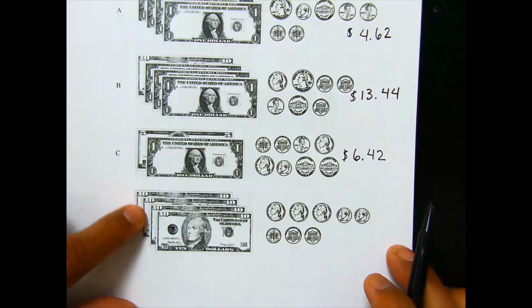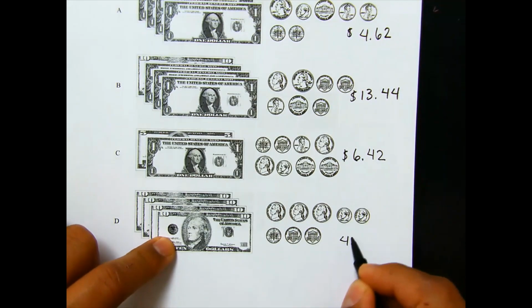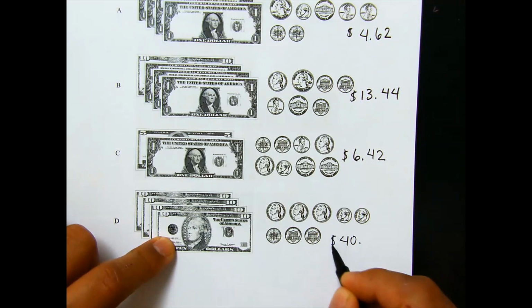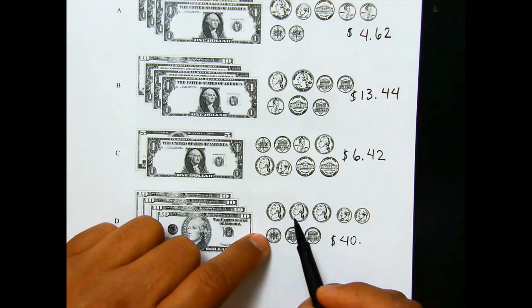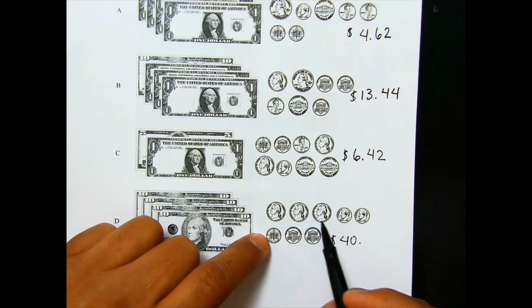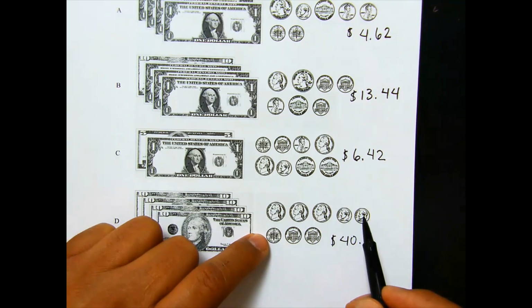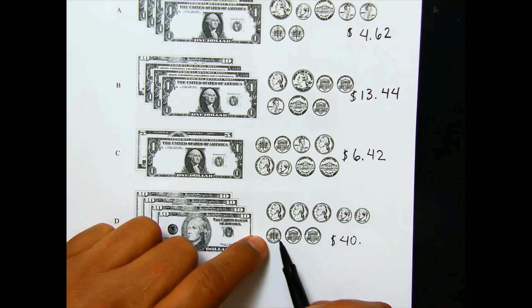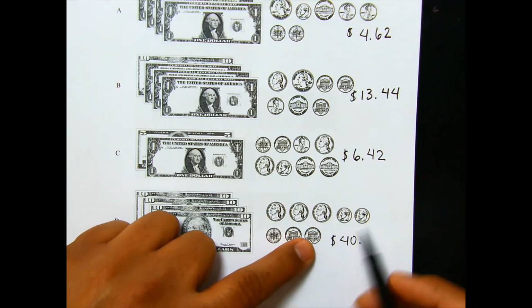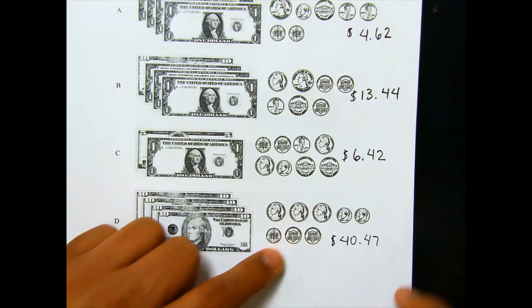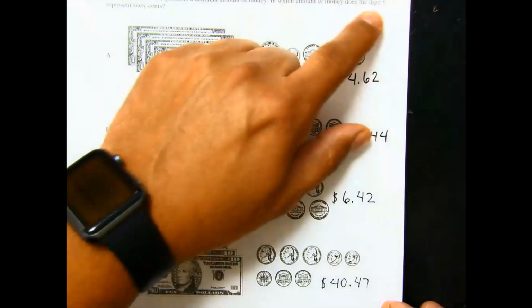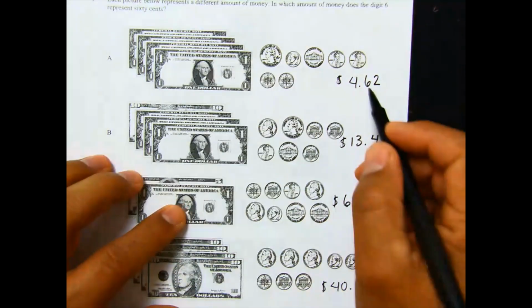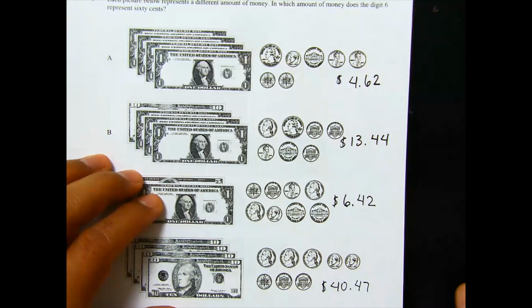So we have 10, 20, 30, 40, $40. And I have 5, 10, 15, 25, 35, 45, 46, 47. So $40.47. So the only one that has a 6 in the cents would be 62 cents.